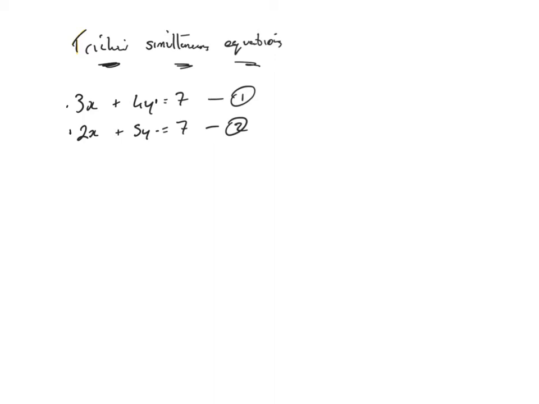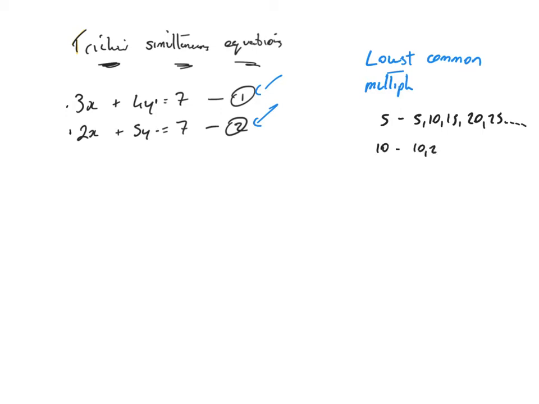Now, this means what I'll need to do with this one is not just manipulate one equation, but manipulate both of the equations. Now, what I could do is I could try to get up to something called the lowest common multiple. Now, your multiples, for example, of 5 are 5, 10, 15, 20, 25 and so on. Multiples of 10 are 10, 20, 30, 40 and so on.